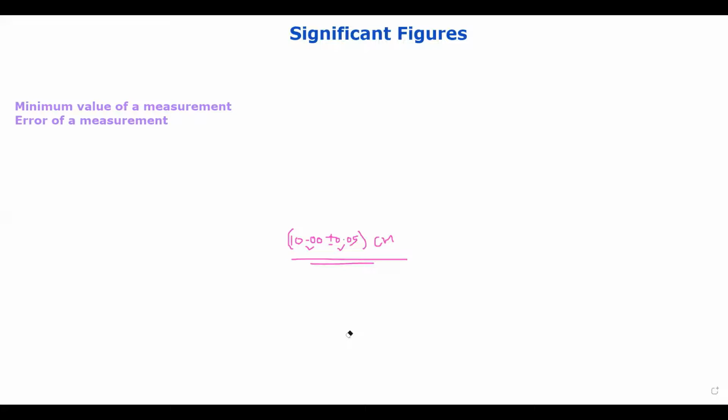There is another thing you have to remember. When we express our measurement value, the decimal places of our answer should always be equal to the decimal places of our error.